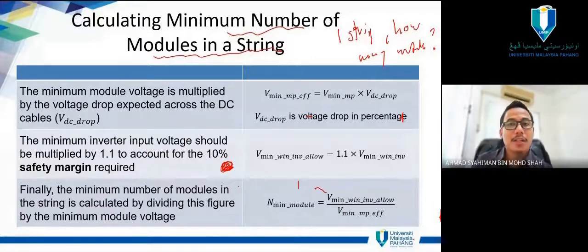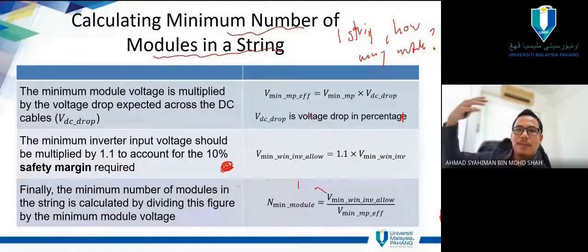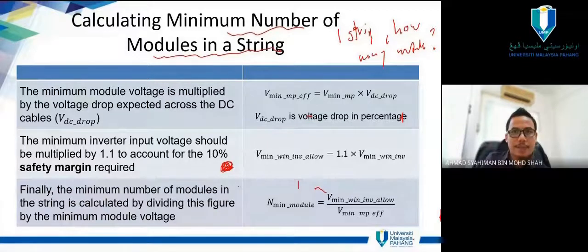So in this calculation, we cannot use 210. We must have some margin to back up if something happens to the modules, degrade instantaneously due to the sudden emergence of a cloud, for example. So kena ada backup. So we have to put some margin there. How much is the margin?